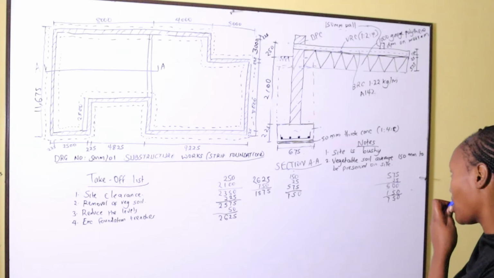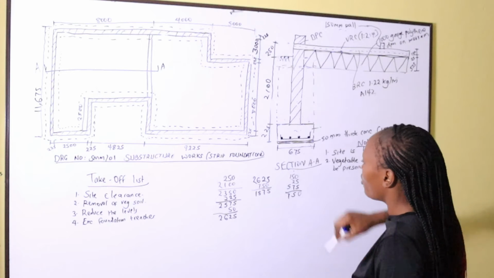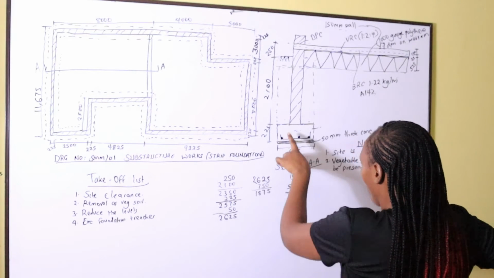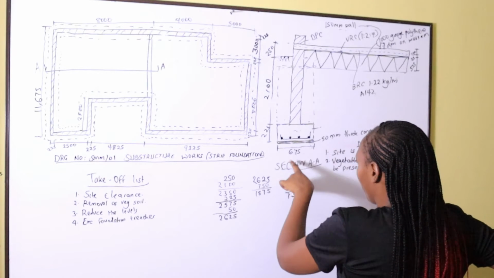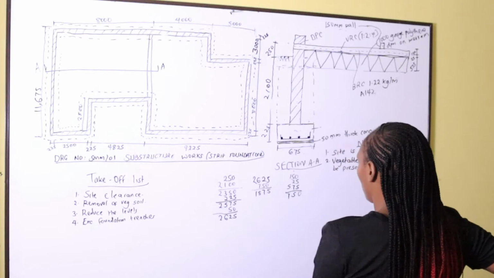Is it true? Let us go through the calculation again. From the top of the concrete, 250 plus 2100, then plus 225 plus 50, we get 2625.